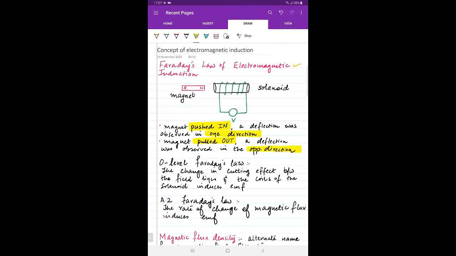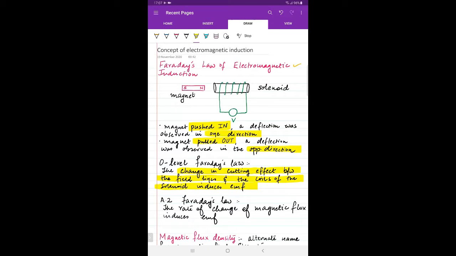So on this basis, in O levels, Faraday's law was written along these lines: the change in cutting effect between the field lines and the coils of the solenoid induces EMF in the circuit.